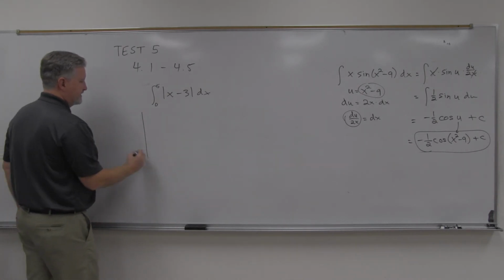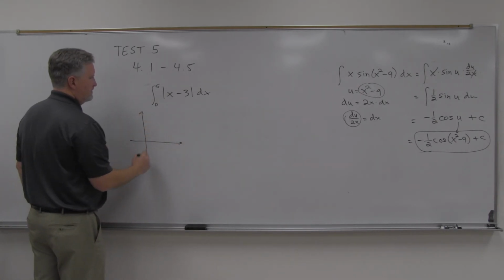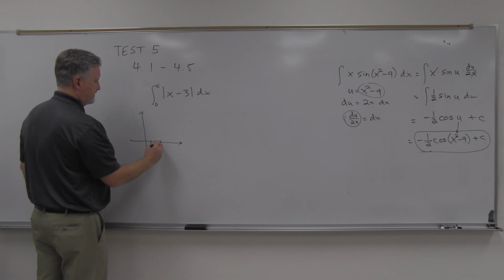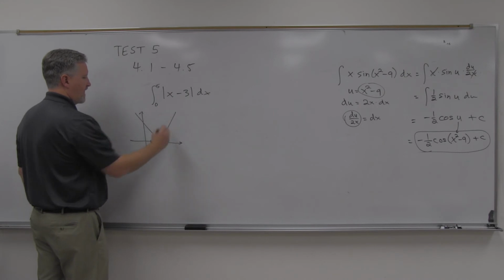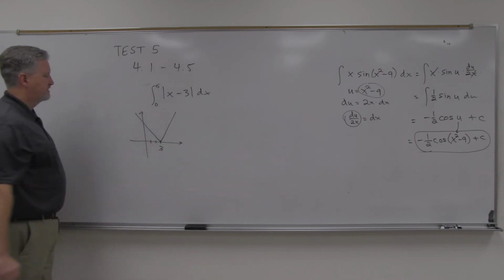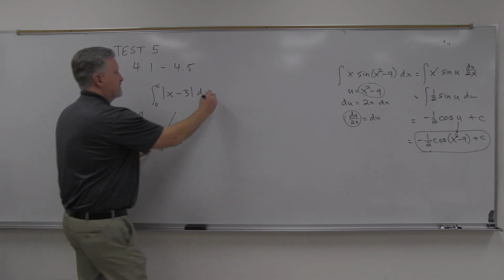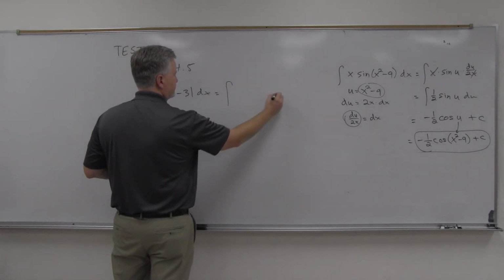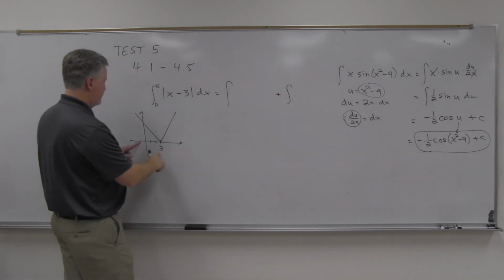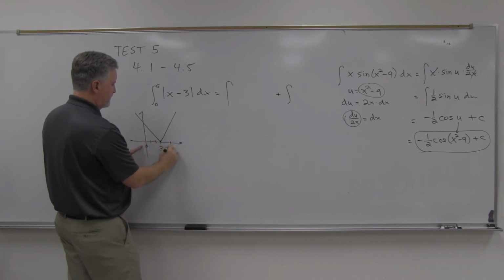And remember those, what you do is you look at breaking it up. In this case, you break it up at the corner. In this case, it's at 3. So split that into 2 integrals then at the 3. So it'd be 0 to 3 and then 3 to 5.